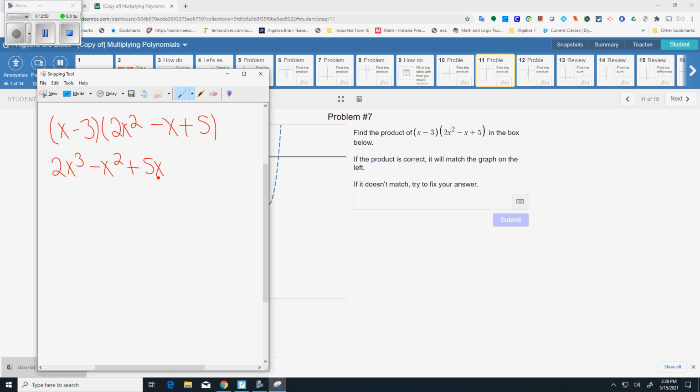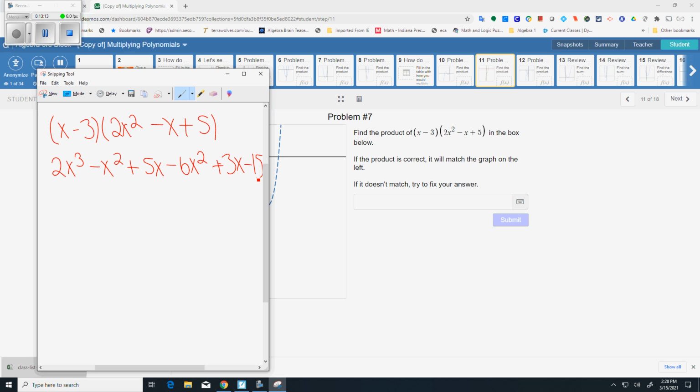And negative 3 times 2x squared, we're going to get negative 6x squared. Negative 3 times negative x, plus 3x, and negative 3 times 5, negative 15.